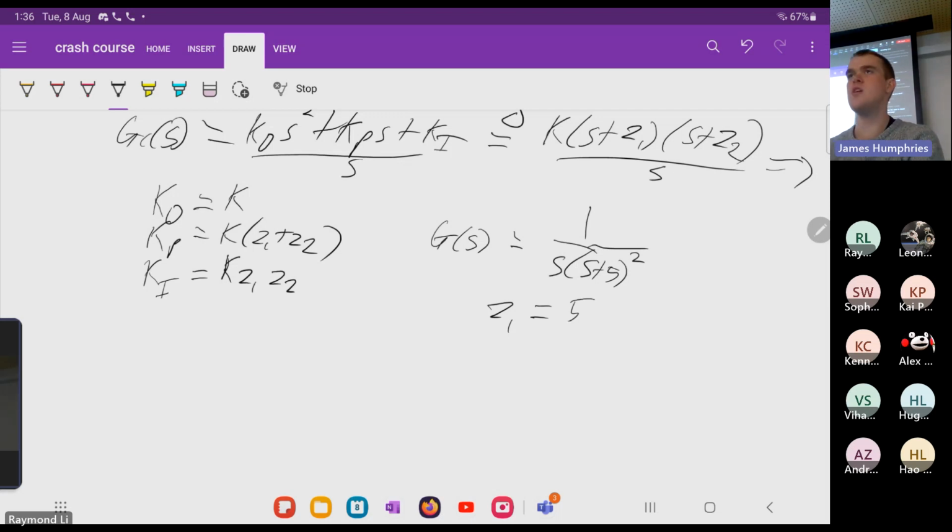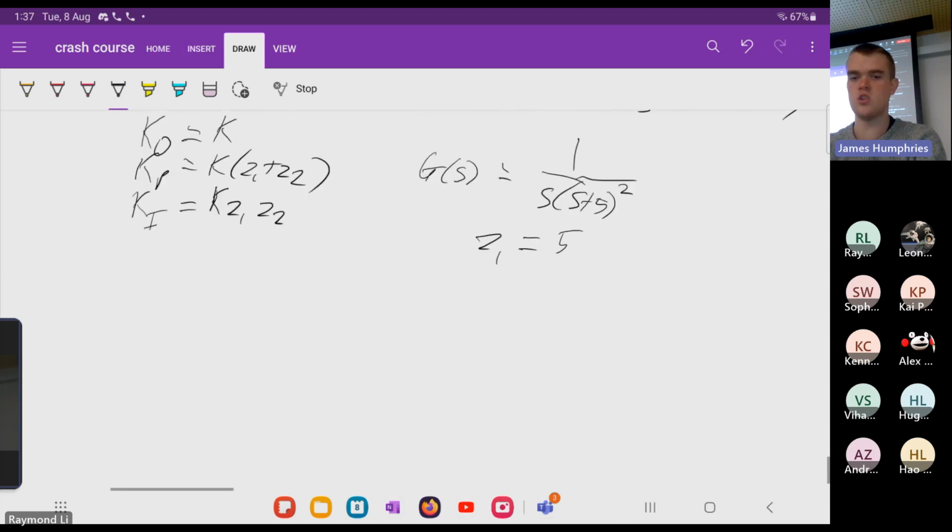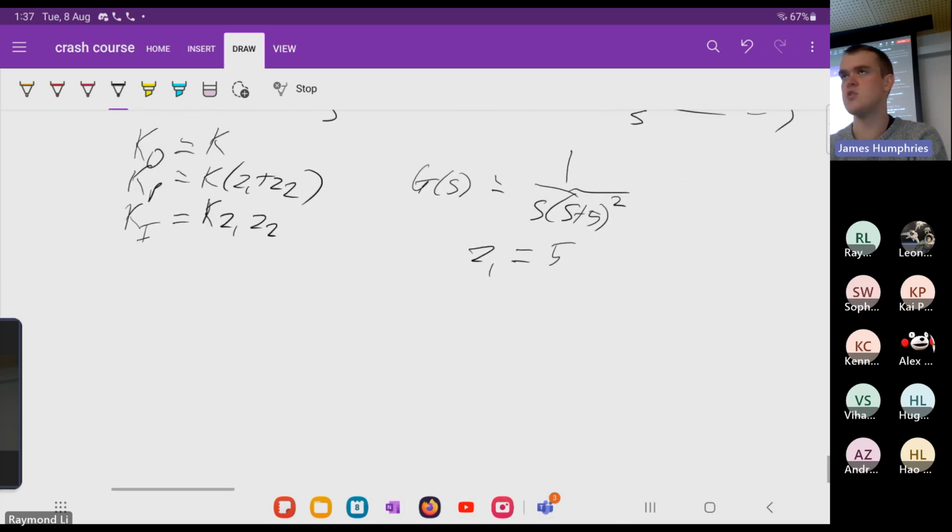Let one of the zeros equal one of the poles to cancel out, so I don't have to worry about it anymore. That's because we have 3 unknowns, K, Z1, Z2, and only 2 equations from the gain criteria. So we need to choose one of the zeros arbitrarily, and we chose it just to cancel out one. You could choose any number, and it's fine.